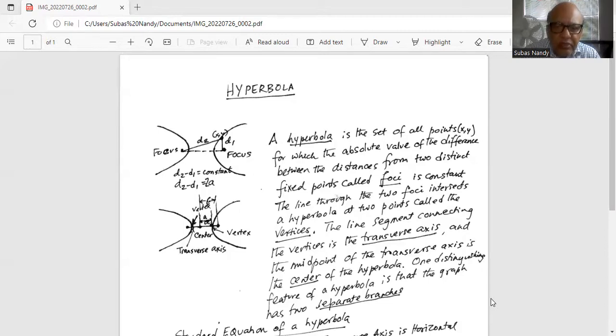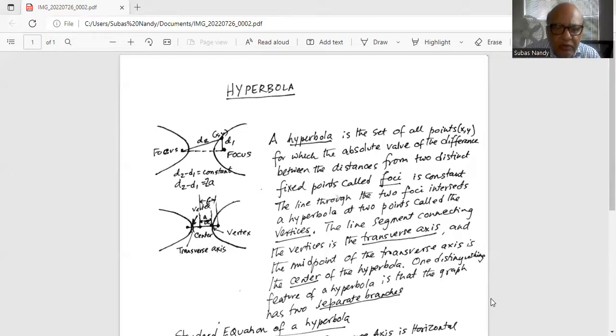The line through the two foci intersects a hyperbola at 2 points called the vertices. You see the vertex in the lower diagram. The line segment connecting the vertices is called the transverse axis, and the midpoint of the transverse axis is the center of the hyperbola.